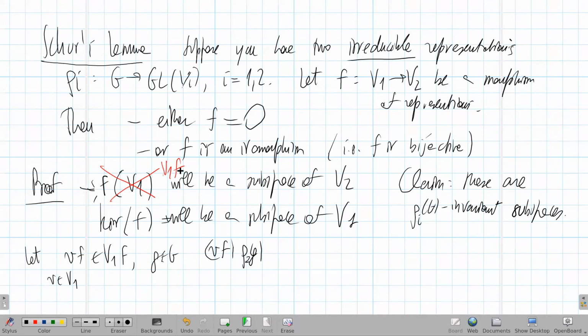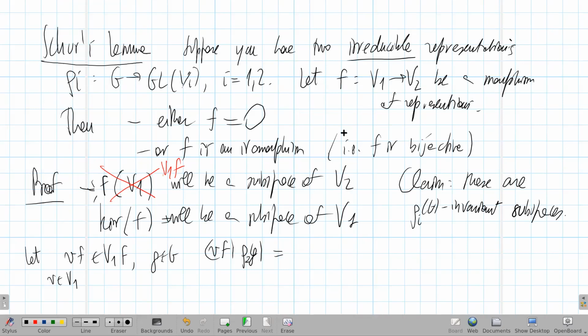So V1F is a subspace of V2. So to be invariant means to be invariant under rho 2 of g, okay? I wrote rho G invariant, but there is no rho here. There is a rho 1 and rho 2. And since this is a subspace of V2, I should look at rho 2 of g.